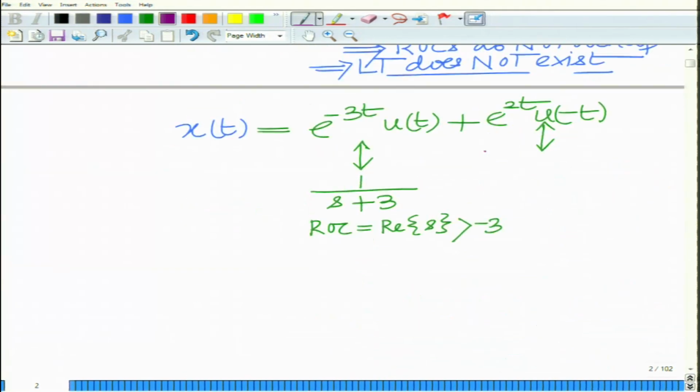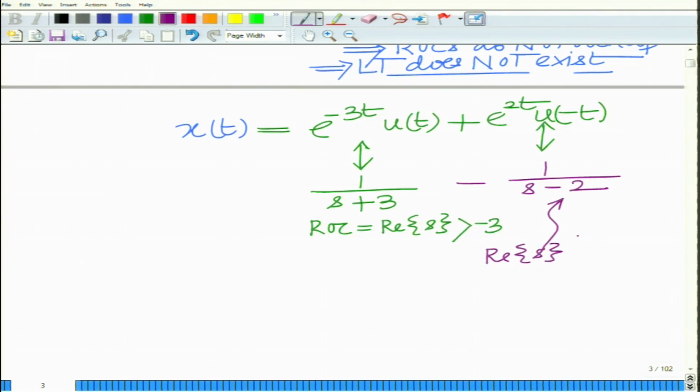And therefore, the Laplace transform of e raised to 2t u(minus t) is minus 1 over s plus a, with a equal to minus 2. So, this is minus 1 over s minus 2, and the ROC is real part of s less than minus a.